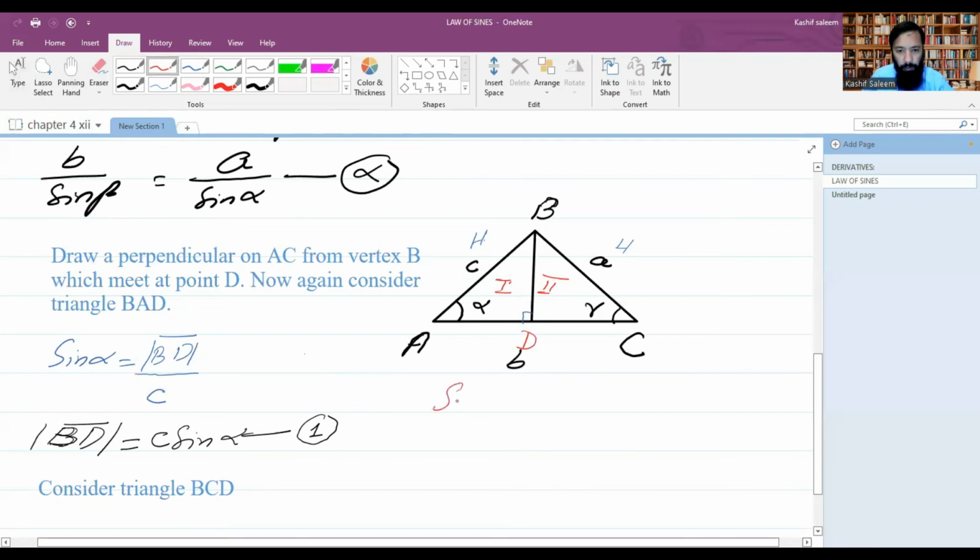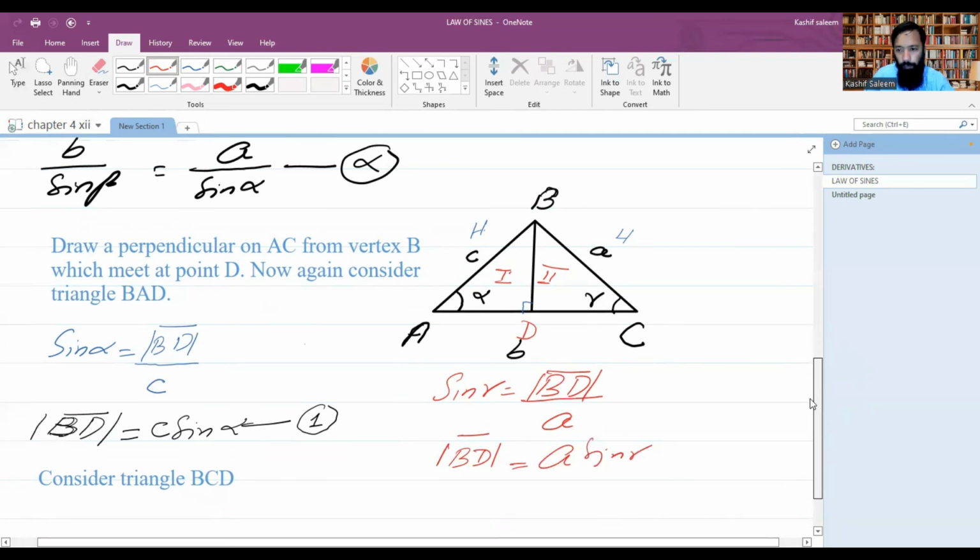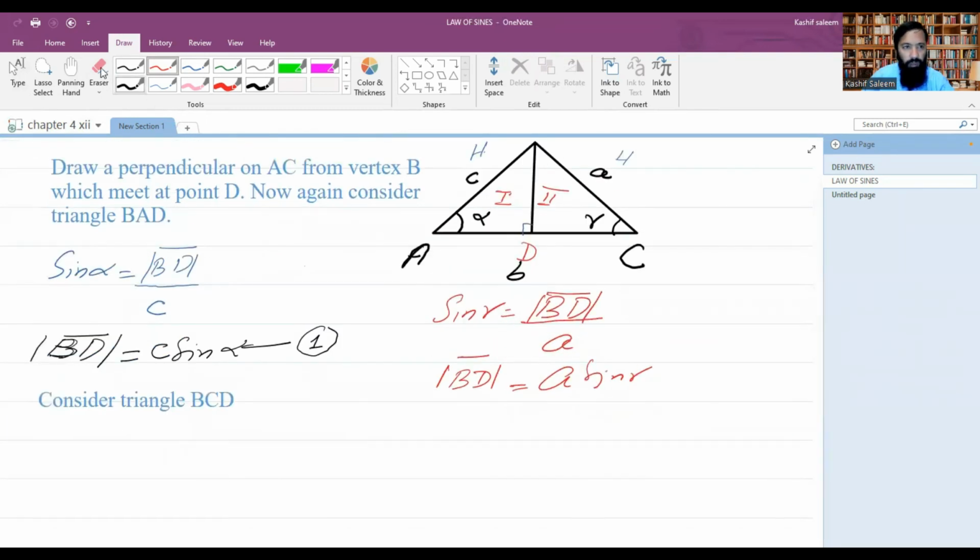Sine gamma is equal to BD divided by a, and BD is equal to a sine gamma.